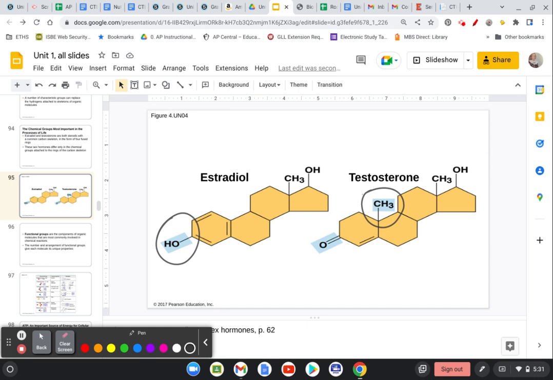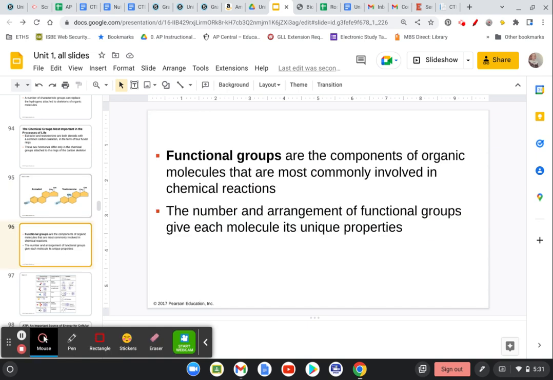These two are examples of those groups. These groups that you will need to remember are called functional groups, and it's a repeating pattern that is added onto a molecule to give it specific properties.